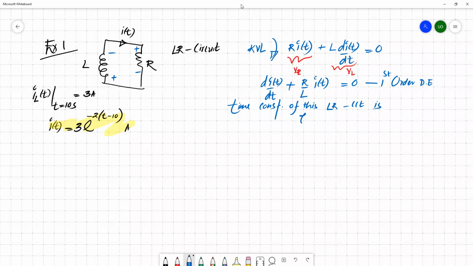So tau would be L over R. So this is the zeroth order term. If you extract the coefficient from the differential equation and take the reciprocal, it gives the time constant.